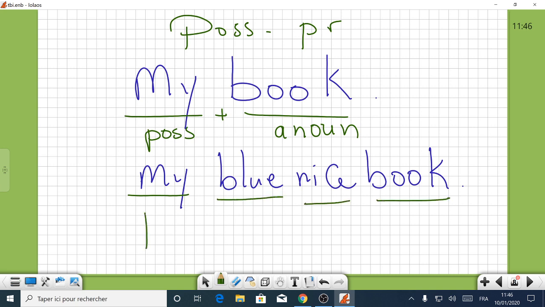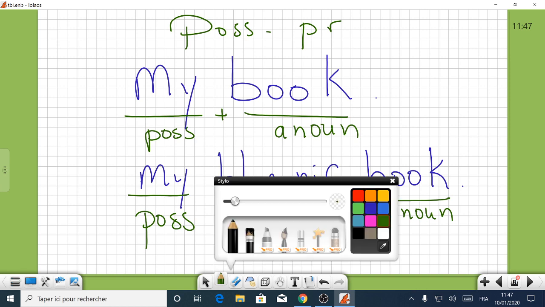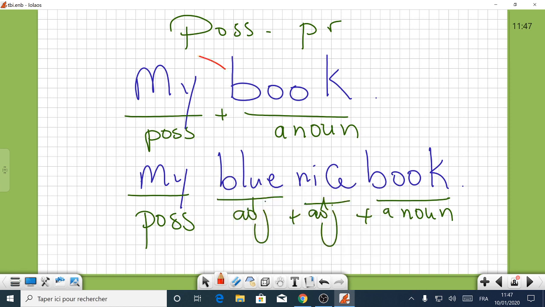So this is possessive adjective plus an adjective plus another adjective plus a noun. So to be clear, we use the possessive just before a noun, or before an adjective or a group of adjectives plus noun.